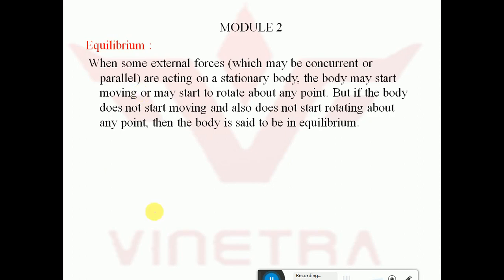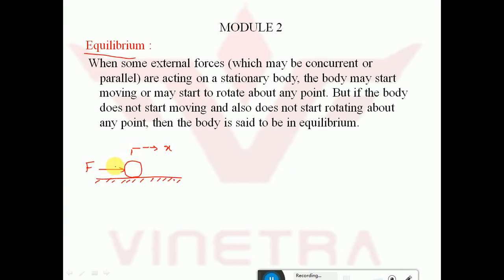So equilibrium. For example, let us take, there is a ball lying on the floor. If I apply some force F, what happens? This ball will start to move in this x direction.